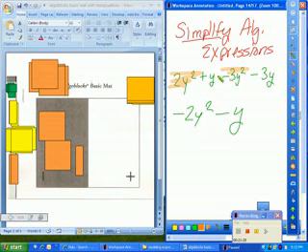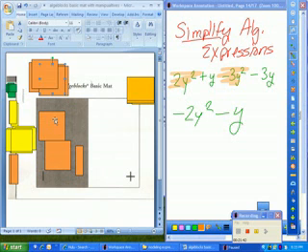So my like terms that I could combine, I had a 2y squared minus 3y squared. Oops, I goofed. I did something wrong there. What did I do? Somehow I've got an extra. I think I accidentally didn't move one of those out.